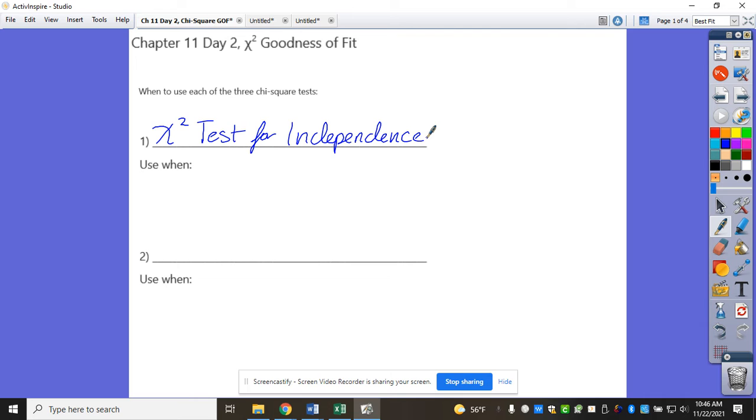When did we use a chi-square test for independence? There was one sample, one population, and then what did we do?